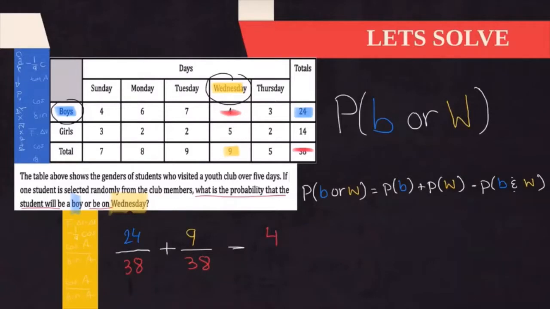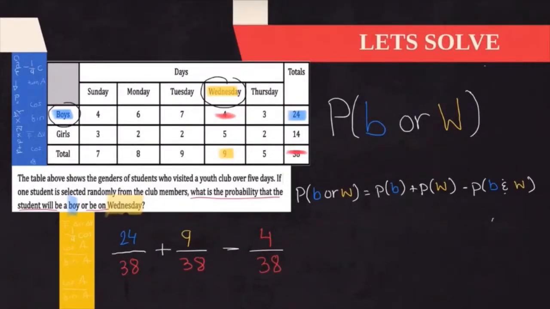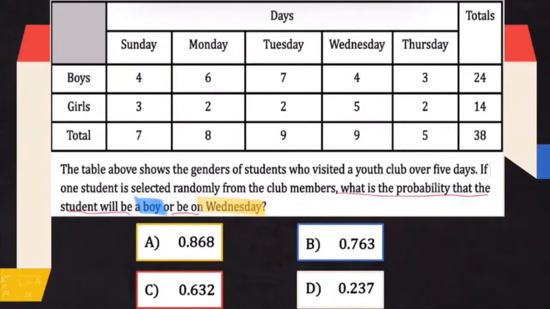That equals 29 over 38. To convert it to decimal, the correct answer is 0.763. Since we converted 29 over 38, the correct option is B.